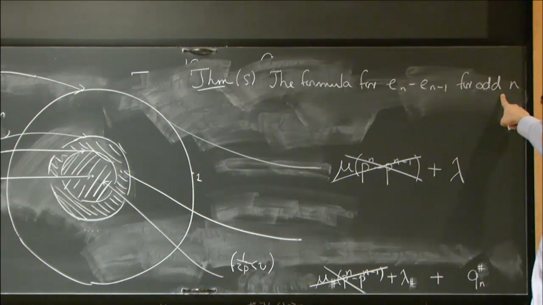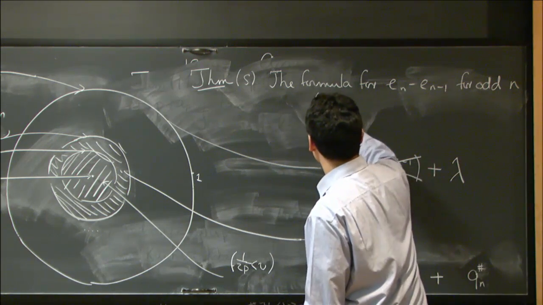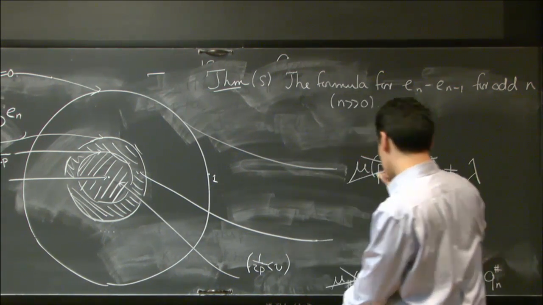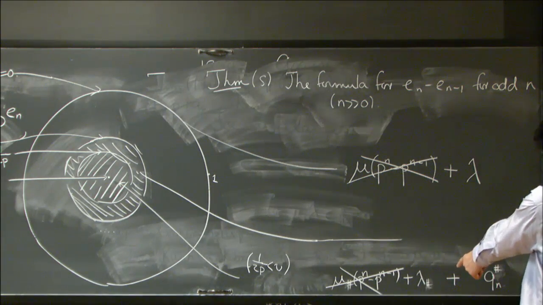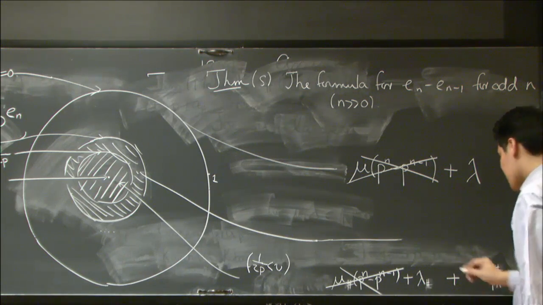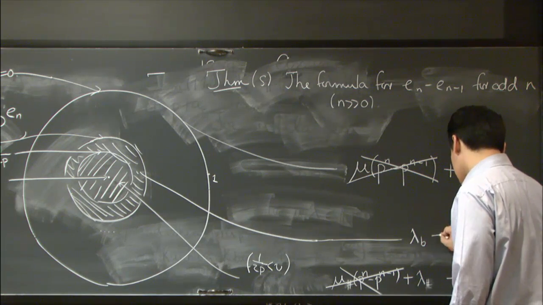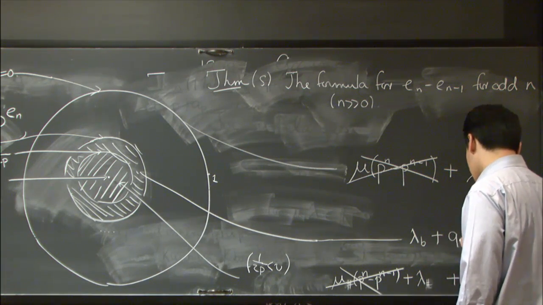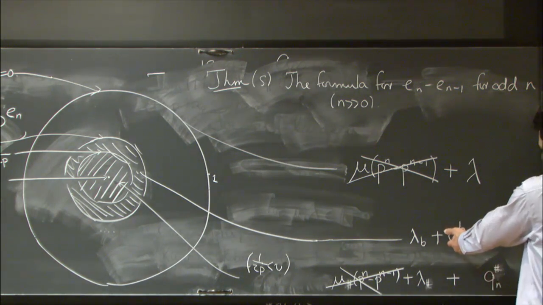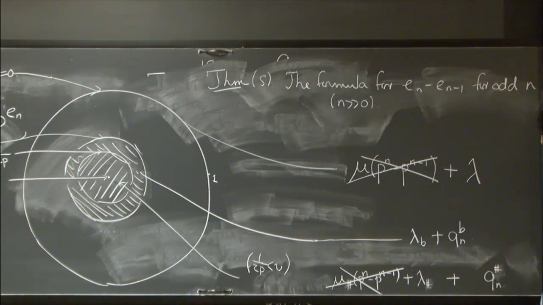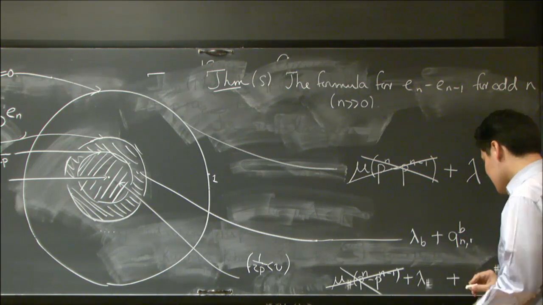So recall we're looking at odd n. I should also say n is sufficiently large. If you look at odd n, well, you expect that this formula should hold. But it turns out that for some reason it's the other pair, the other invariant that comes into play. So it's lambda flat plus a similar term to the Fourier term, qn flat. But it's not quite this Fourier term, but a Fourier term that's been slightly modified.